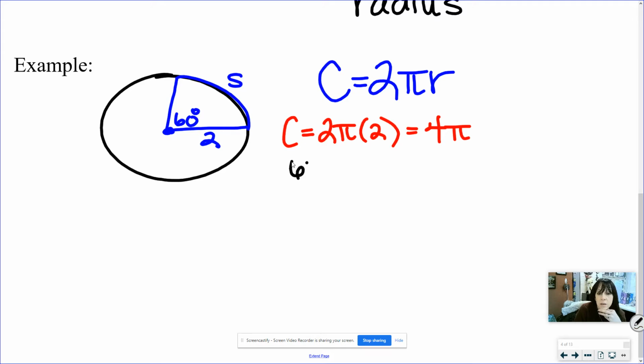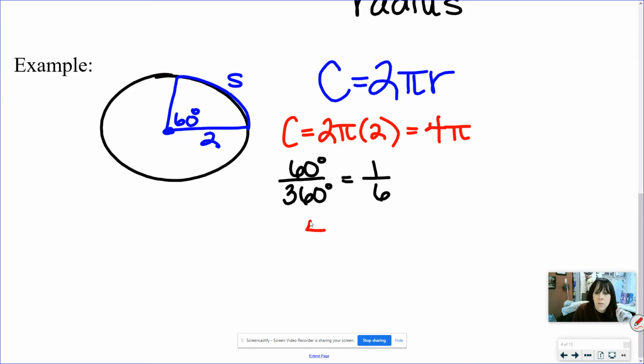So 60 degrees in relation to a full circle is 1/6 of a full rotation, right? 60 is 1/6 of a full rotation. So I don't need the whole circumference. I only need 1/6 of that to get the length of this arc.